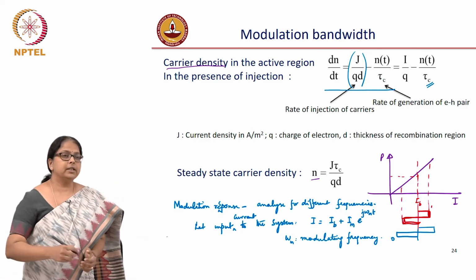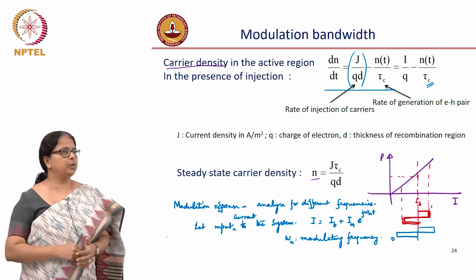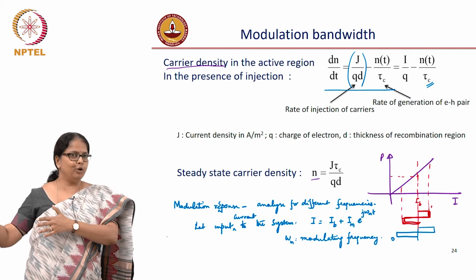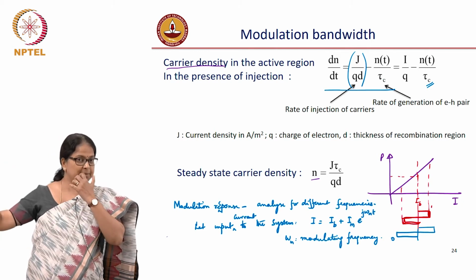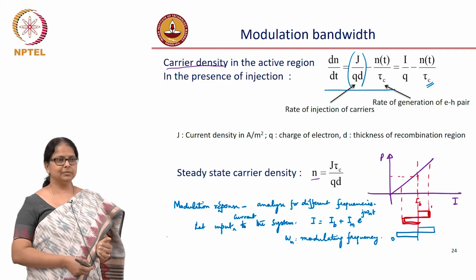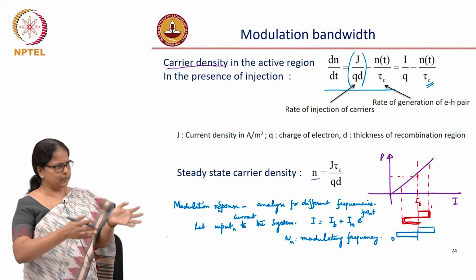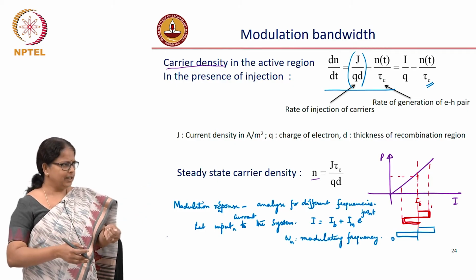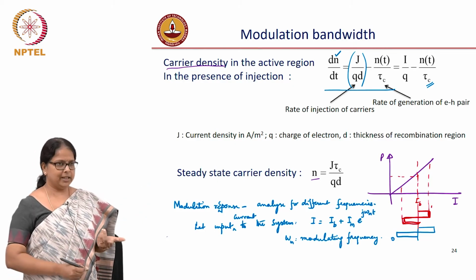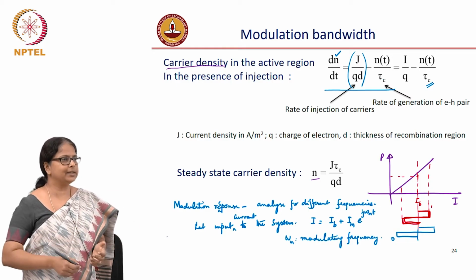So, what is the immediate consequence? You change the current, you made the current oscillatory. How would the system respond? Final end goal is to change the intensity by the same response. But what is the immediate response of the system? If I change the current, how does the sequence of operation work? I put a current, I generate carrier density. So, if my current is sinusoidal, what happens to my carrier density?